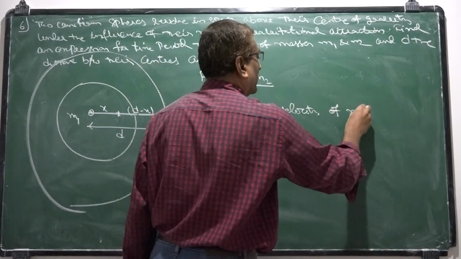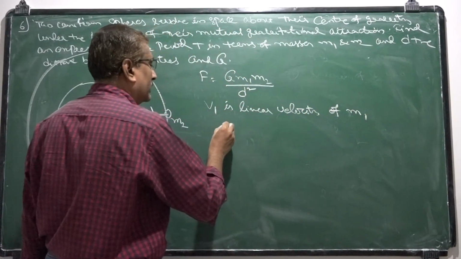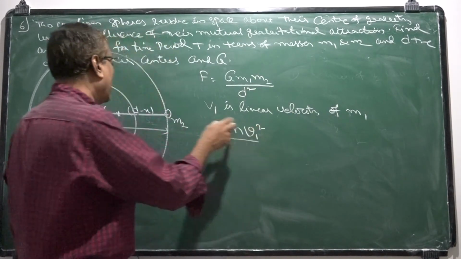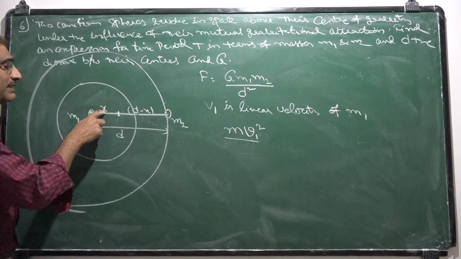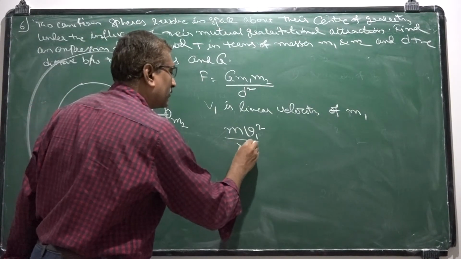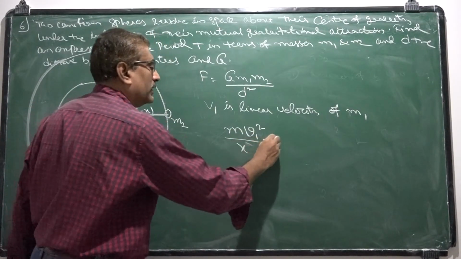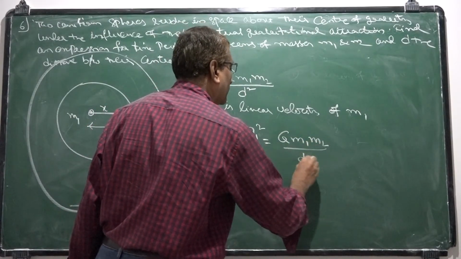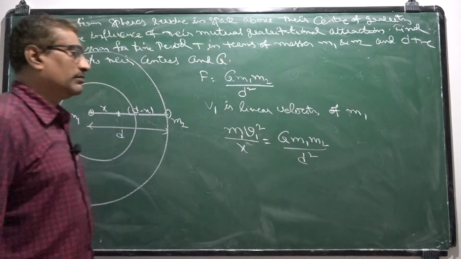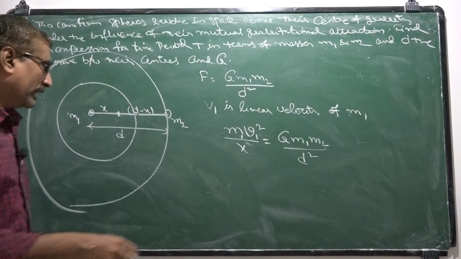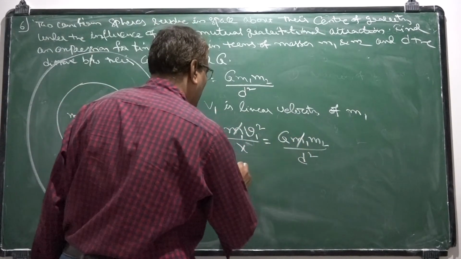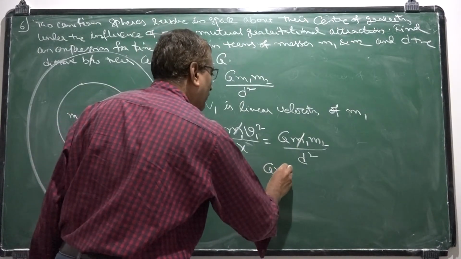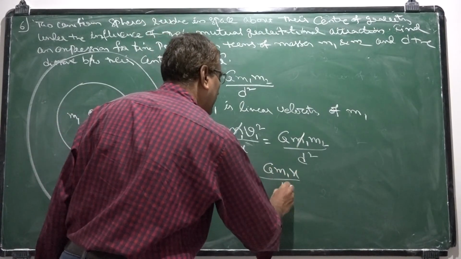The centripetal force is m v1 square by r, where the radius of its orbit is x. So m1 v1 square by x is equal to G m1 m2 by d square. We can cancel m1, so v1 square is equal to G m2 x by d square.